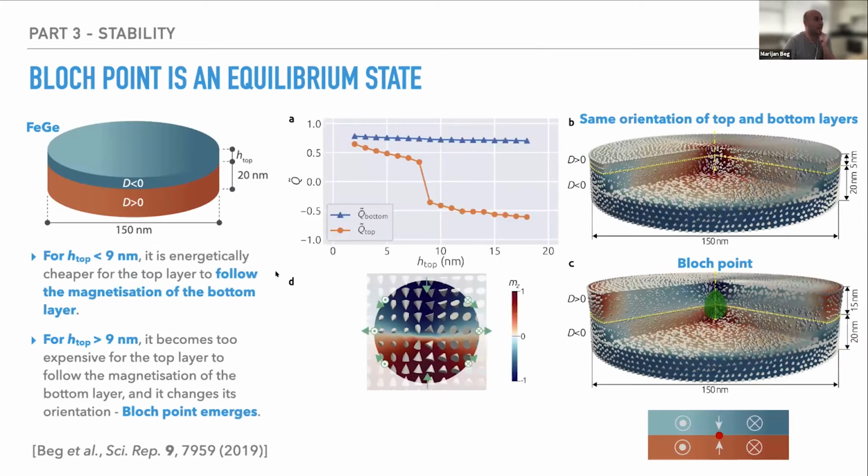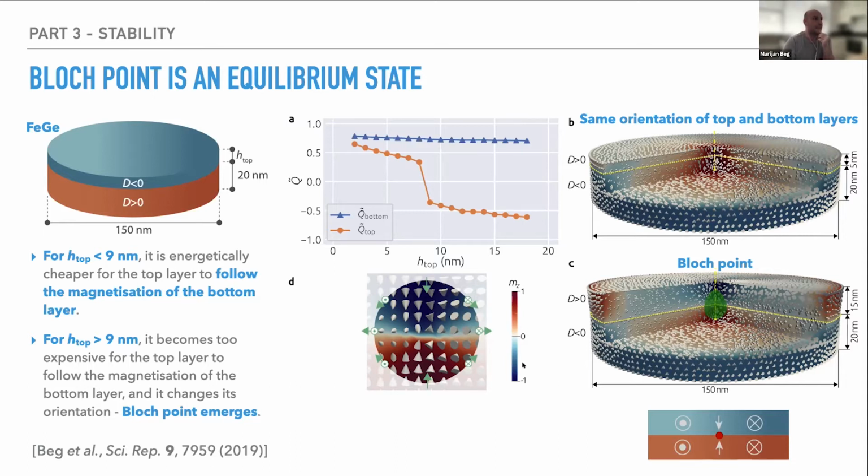What we find is that for small thicknesses of the top layer, it is energetically cheaper for the top layer to follow the magnetization of the bottom layer and not to form the Bloch point. However, if the thickness of the top layer is larger than approximately 8 or 9 nanometers, then it is energetically cheaper for the system to introduce the Bloch point in the middle rather than for the entire top layer to follow the magnetization of the bottom layer.